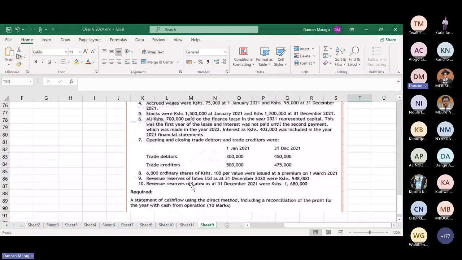The examiner is asking a small part of the indirect method, which we call a reconciliation between the profit and the cash from operating activities.